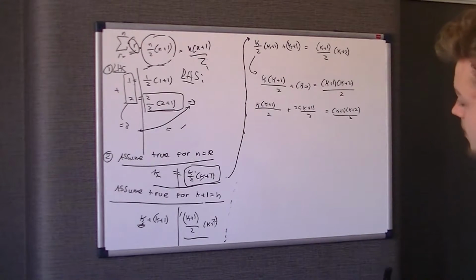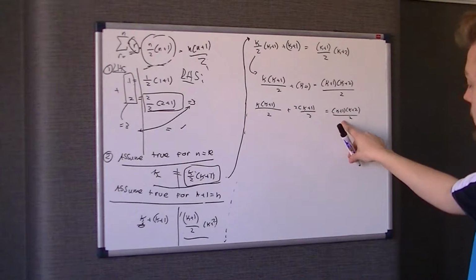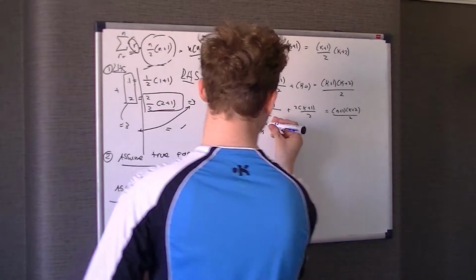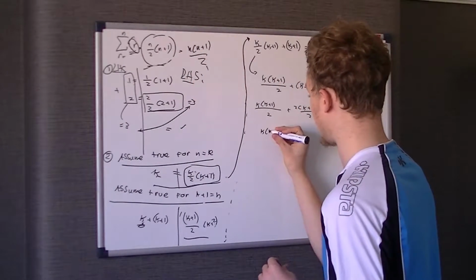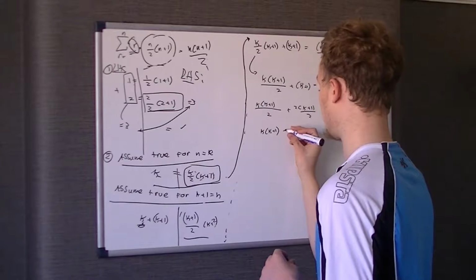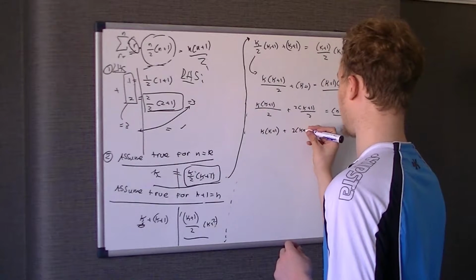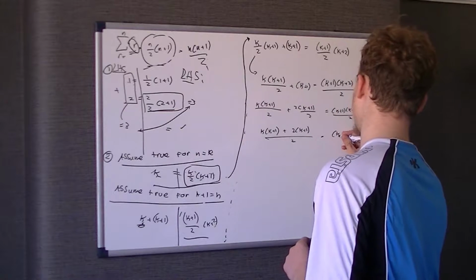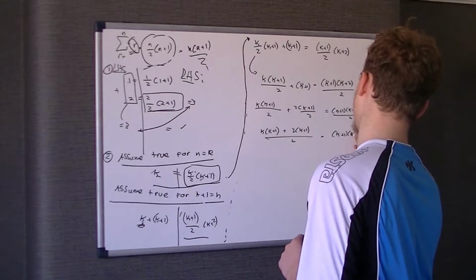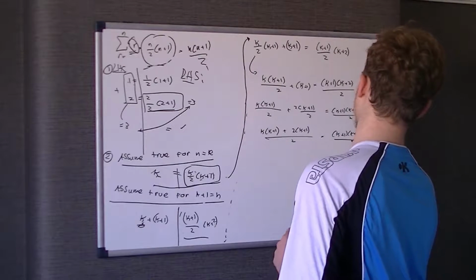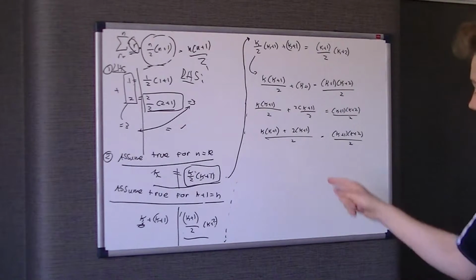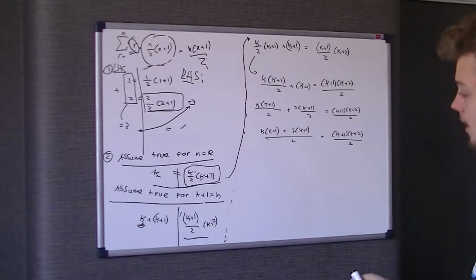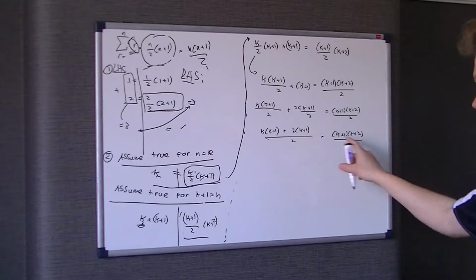So what we need to do now is put all of this as one fraction, because that's just one fraction, and then try and simplify it. So obviously it's k times k plus 1 plus 2 brackets k plus 1, and that's all over 2. And that's equal to k plus 1 k plus 2 over 2. So what we're going to do now, because this is going to expand to a quadratic, this should factorise like that one does.